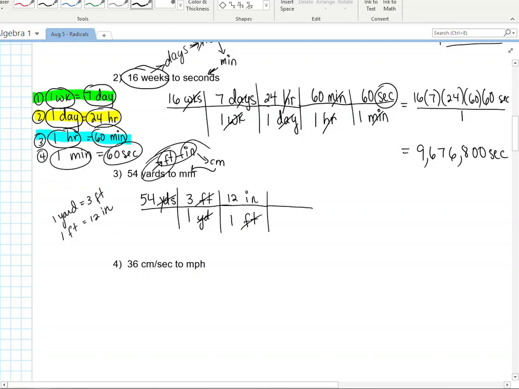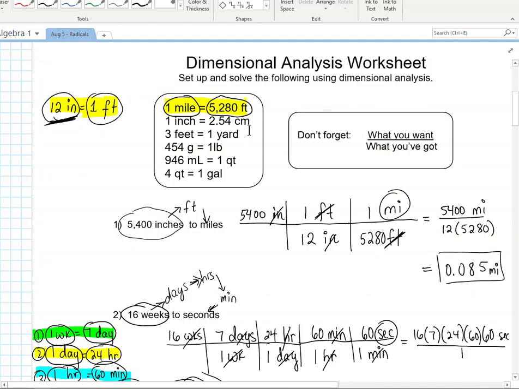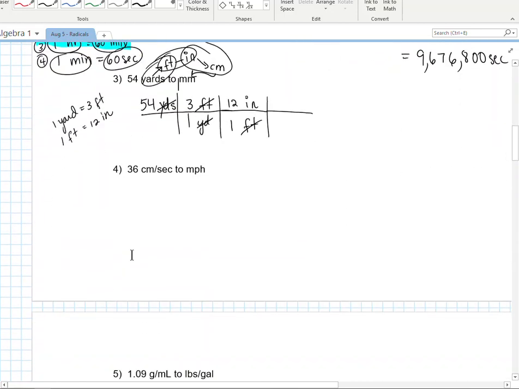Next, we said we were going to do inches to centimeters. Looking up here, we can see that 1 inch is 2.54 centimeters. I have inches on the top, so the 1 inch part goes on the bottom, and 2.54 centimeters goes on top.